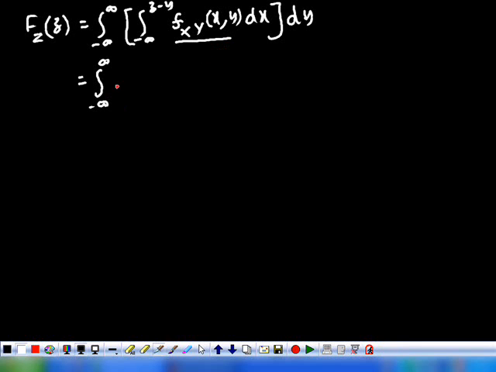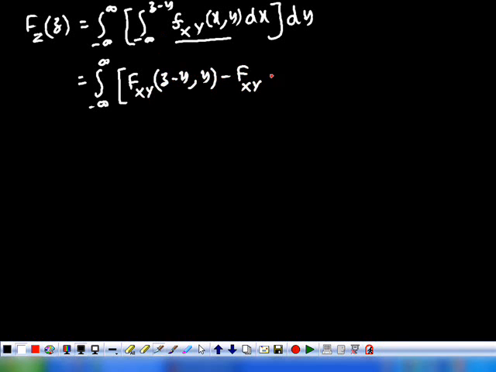Otherwise, can I write this as F_XY? Here y is the same, y is not varying, but x is changing. What is the upper limit here? The upper limit is z minus y, comma y.